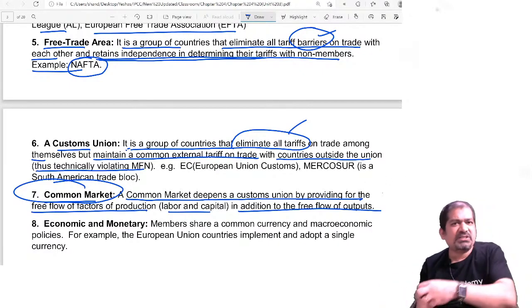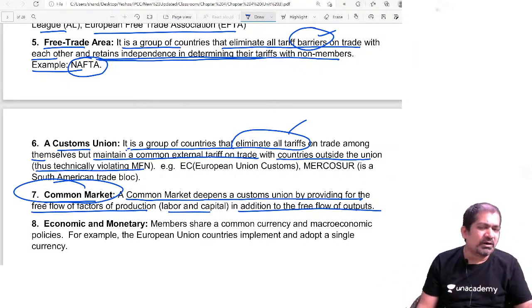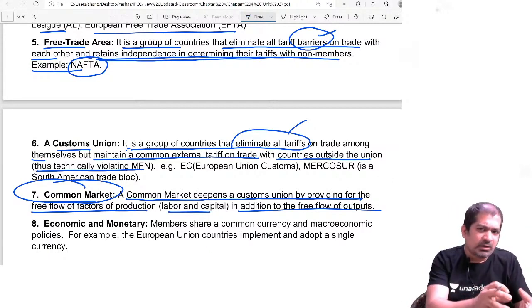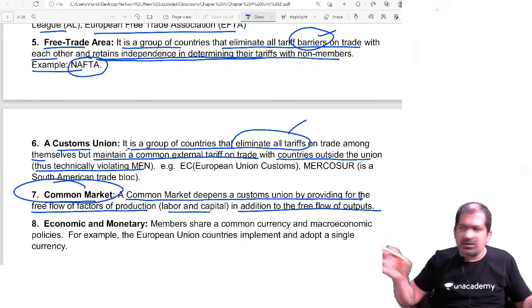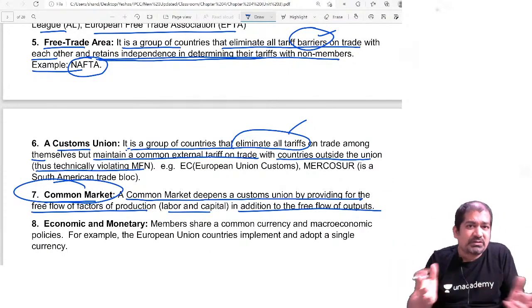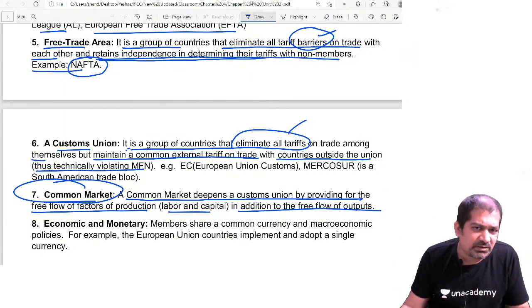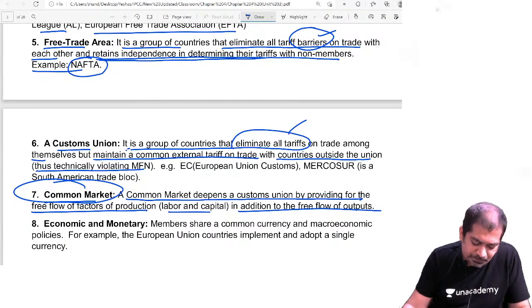So input is purchased from one country, goes into another country, production happens, and output is distributed in some other countries or maybe different. This is very common in European Union countries.